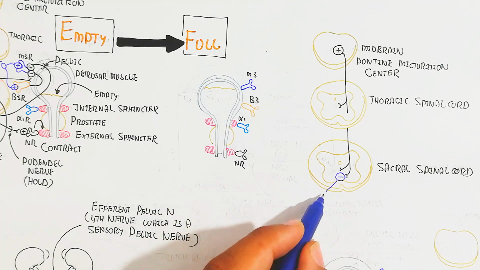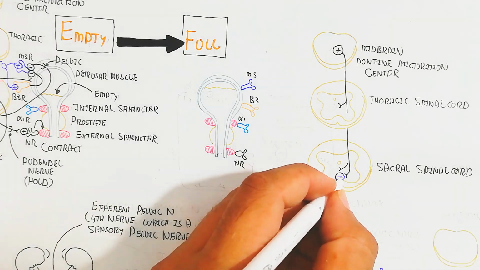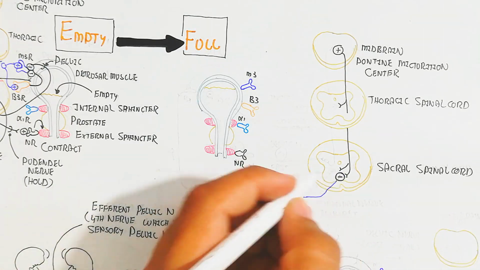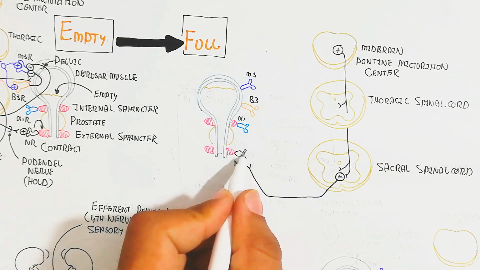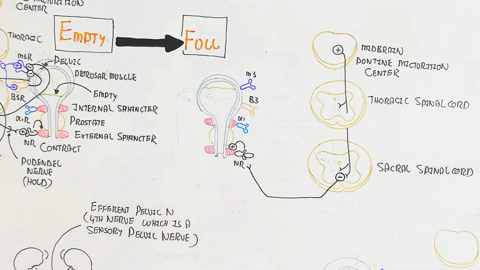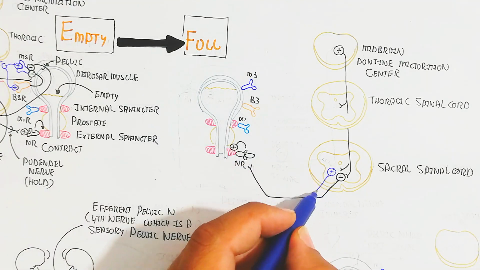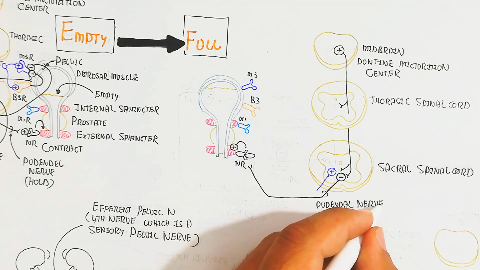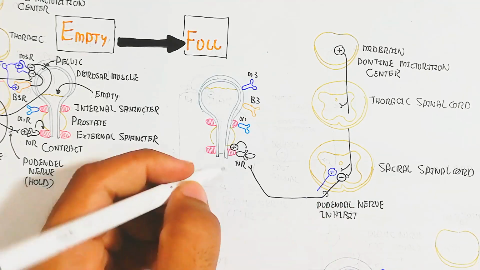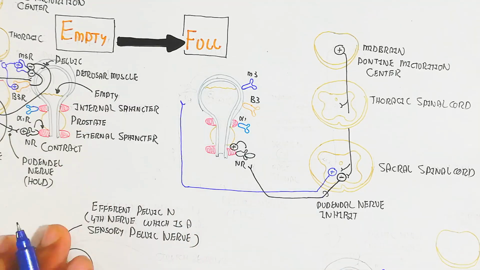When the pudendal nerves are inhibited, because the pudendal nerves are under our control, our own will stimulates the nicotinic receptor to contract the external sphincter muscle and hold the urine. But as we age, an older person will not hold it easily.